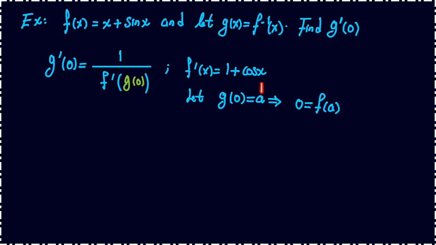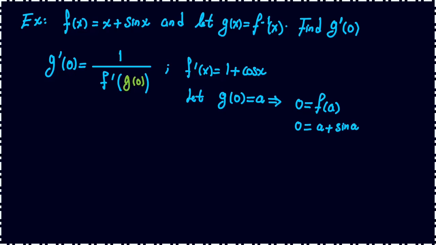And a, which is the output of the inverse, is the input of f. So this forms an equation that you can use to solve for a. We get 0 equal to f, which is x plus sine of x. Replace x with a, you get a plus sine of a. So this is an equation that we need to solve.